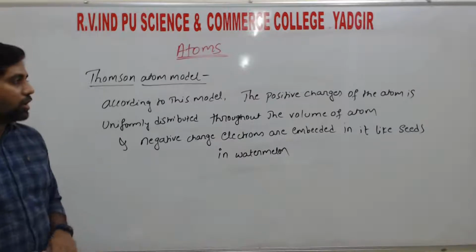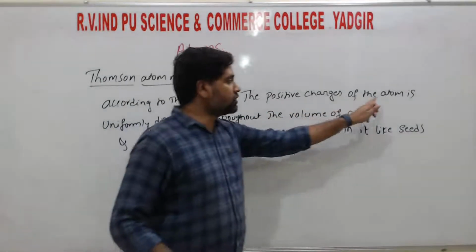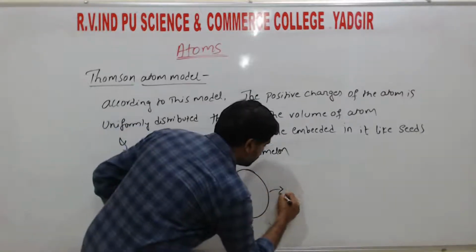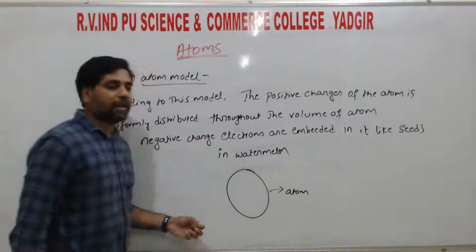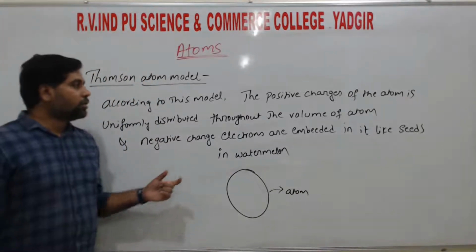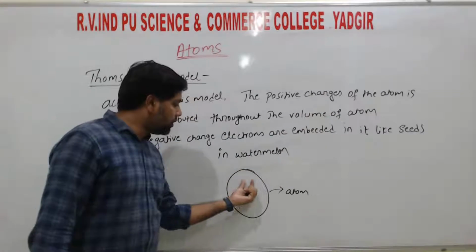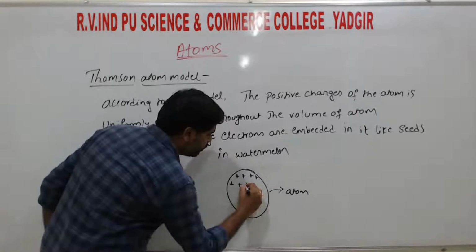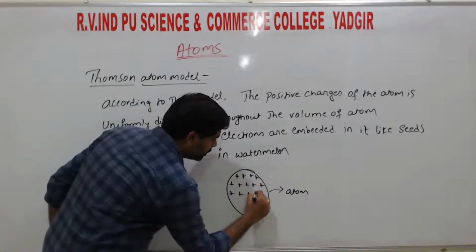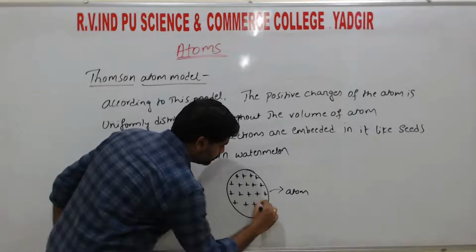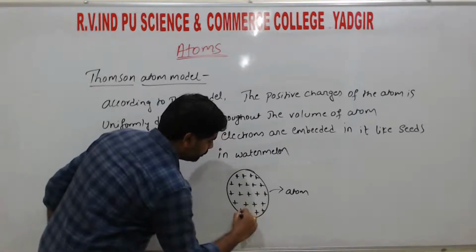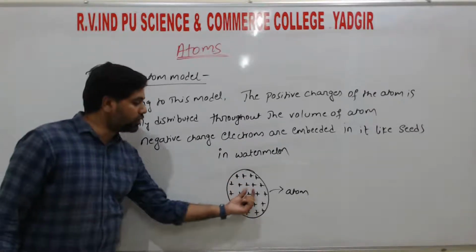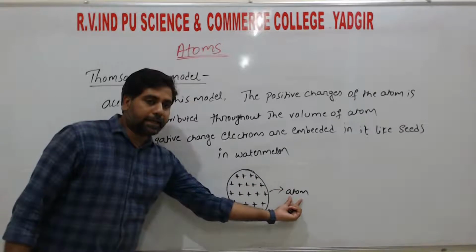According to this model, the positive charges of the atom... if we consider this one atom, it is in spherical shape, right? The positive charges are uniformly distributed throughout the volume of this sphere, like this. These are the positive charges uniformly distributed throughout the sphere, that is, in the atom.